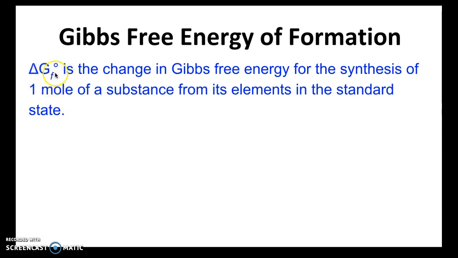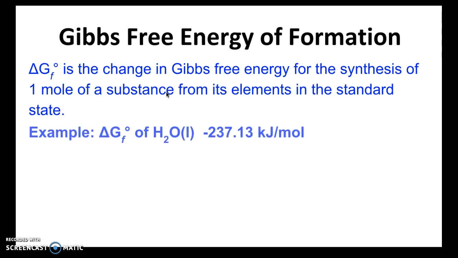So the standard Gibbs free energy of formation is the change in Gibbs free energy for the synthesis, so making, of 1 mole of a substance from its elements in the standard state. So you are making 1 mole of that substance from its elements in the standard state.